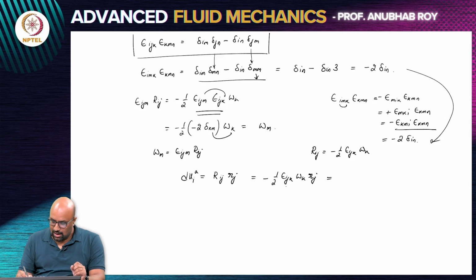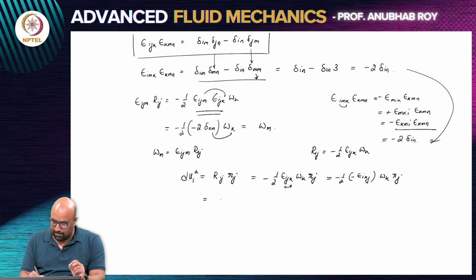Now I will just switch the indices j and k. The moment I do a switch, epsilon ijk is minus epsilon ikj, right. That is again using the property: every time you switch two indices in the permutation symbol, it picks up a negative sign. So epsilon ijk is minus epsilon ikj times omega k rj.